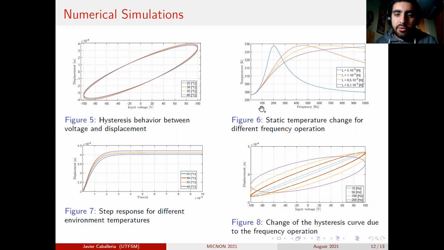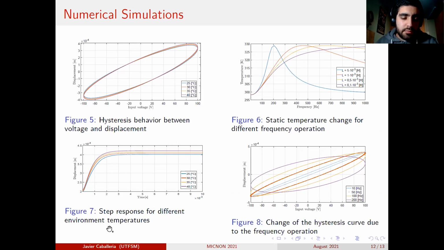We expected that as the frequency increases, the temperature increases, but this is only achieved in certain ranges of values of frequency. And this changes as we choose different values of the inductor.